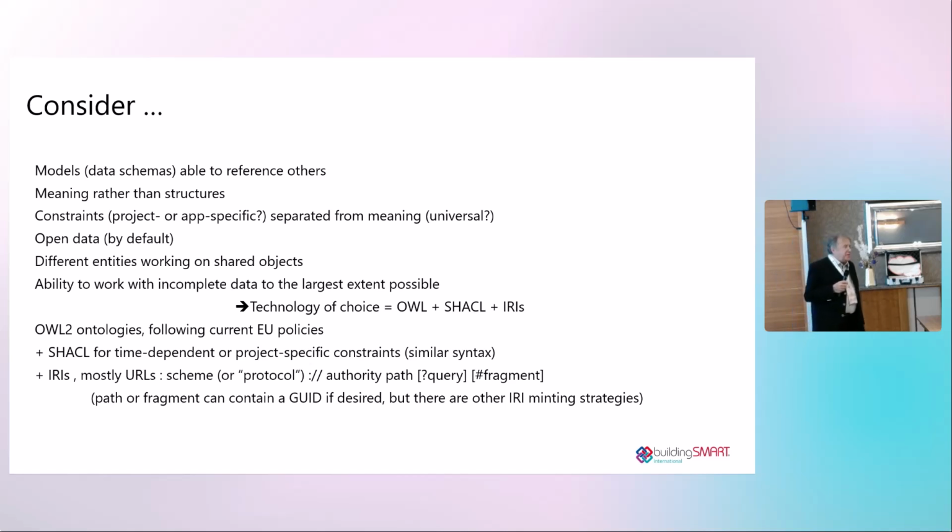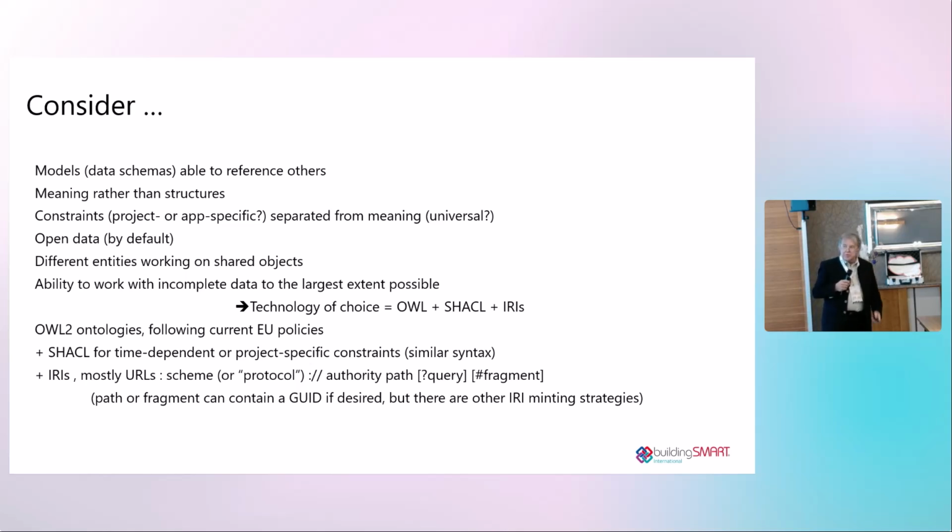I accept that different entities, different companies, are working, or maybe working on the same thing in a more or less coordinated way. That is, I must accept that sometimes the same object will have two different identifiers according to who minted the identifier. This is especially where the technology of choice shines, or the technology stack.